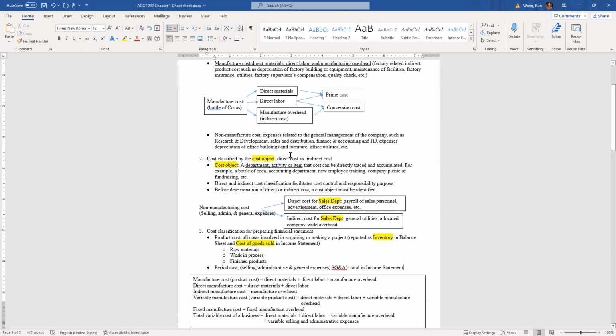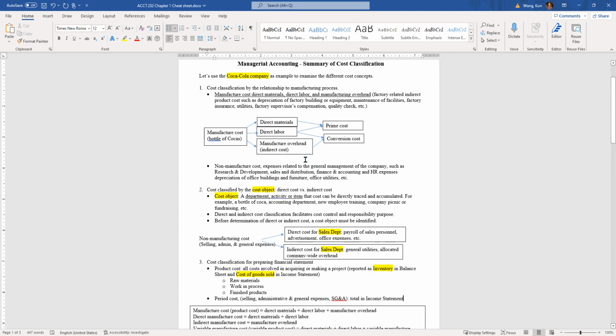Those are the three important ways we classify cost concepts, depending on the purpose: for financial reporting purposes, for cost control and responsibility purposes, and for identifying the true cost of the products.